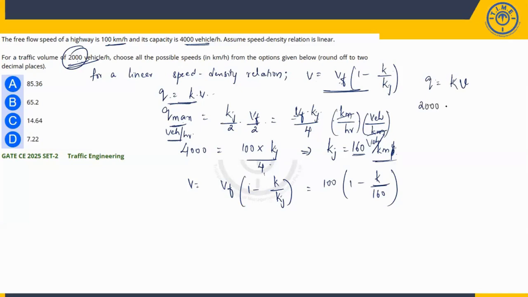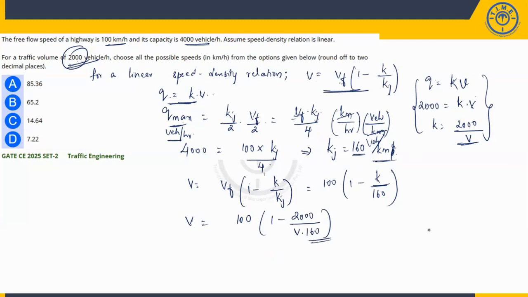When Q is 2000, that is K into V. We can substitute in terms of V itself then, because we don't know the value of V also. K is equal to 2000 upon V. We know only Vf. We don't know V as well. So I am substituting this here. V is equal to 100 into 1 minus 2000 by V into 160.